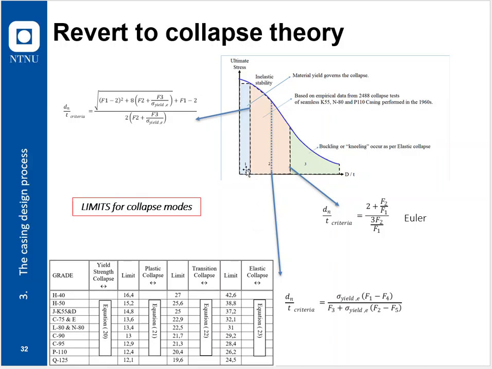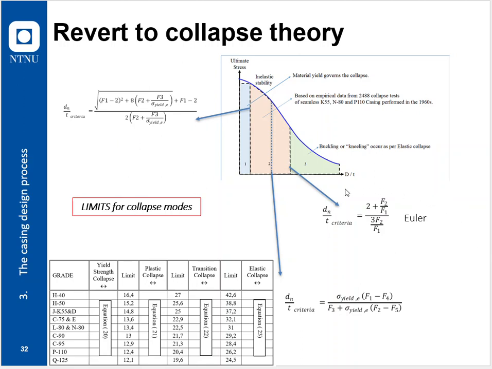These lines between 1 and 2, and there is a staple line here, and 3. So there are 1, and then here half of 2 is 1, and then there is a limitation between half of 2 and 3. So we have 1, 2, 3 lines, and there are calculations for each of these lines. And you'll see that we call them D/t ratios, and there are factors F1 through F5 in these calculations.